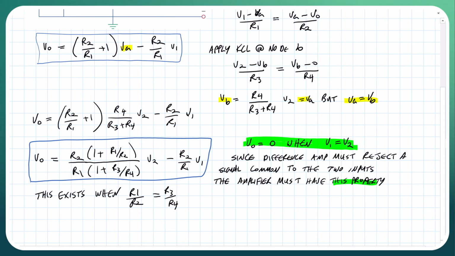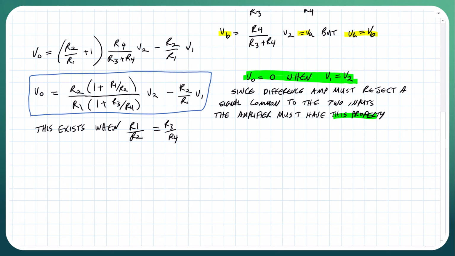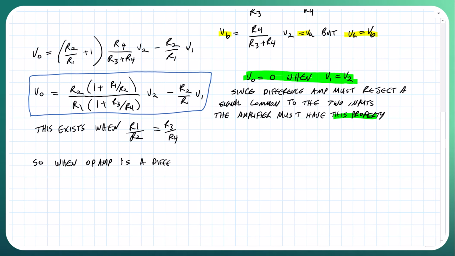So when the op amp is a difference amplifier, it becomes V naught equals R2 over R1 times V2 minus V1.